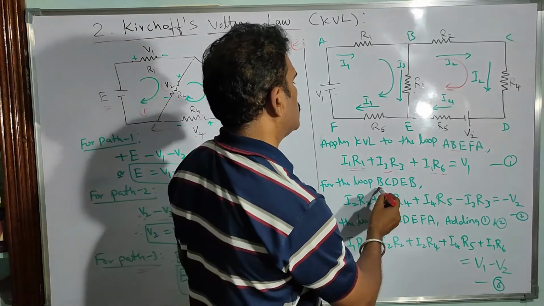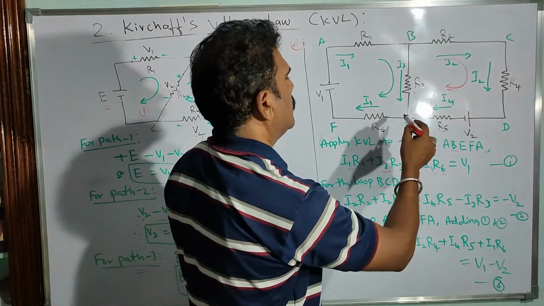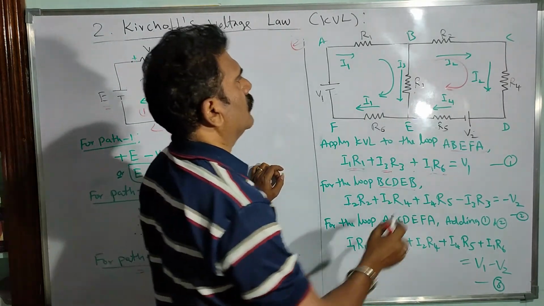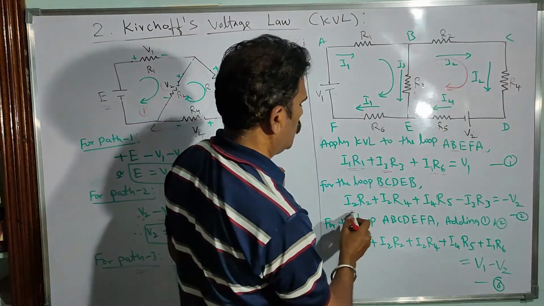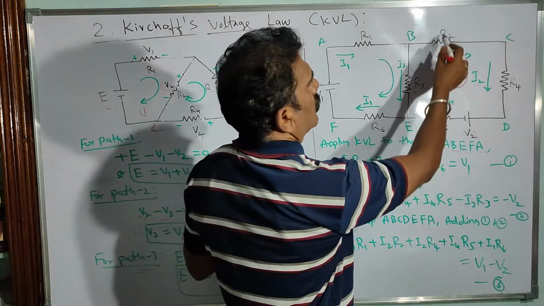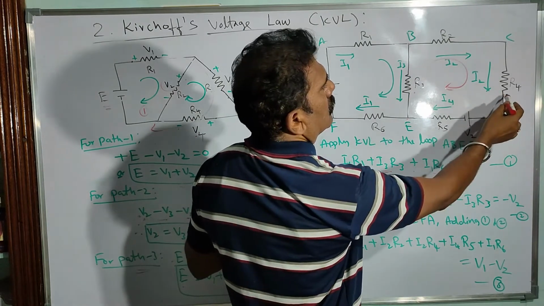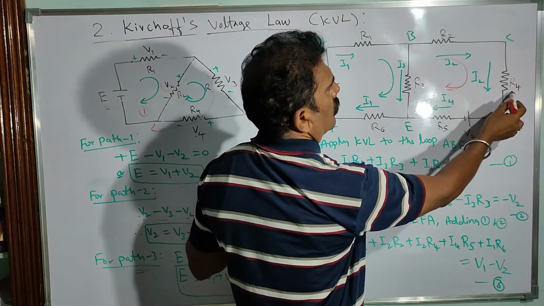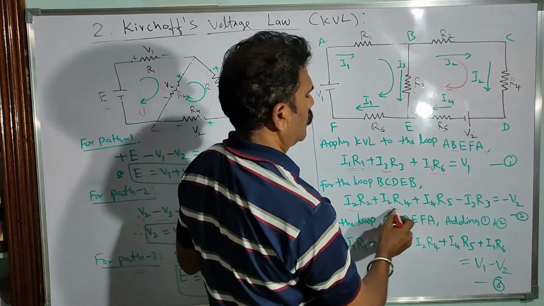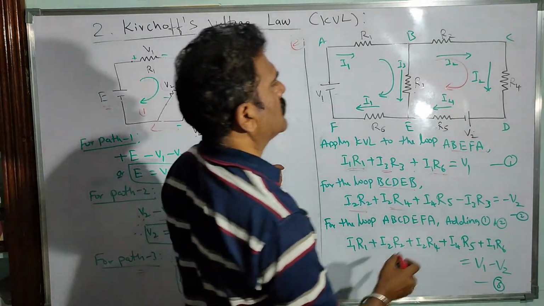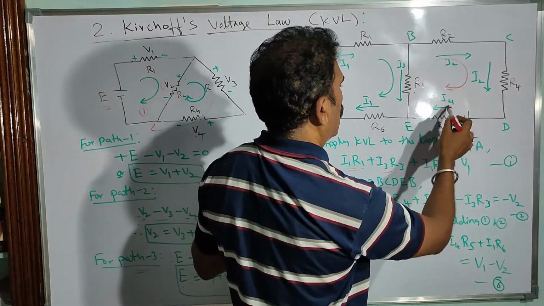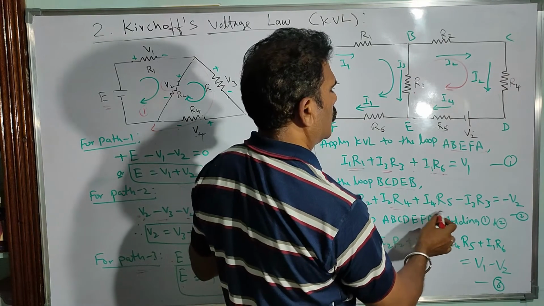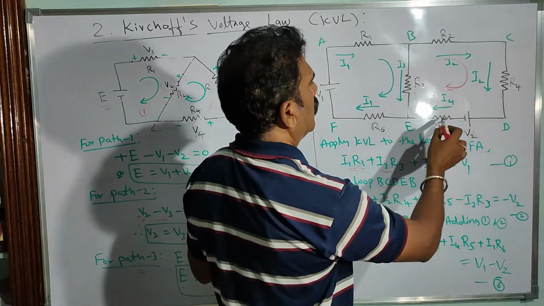In the loop B, C, D, E, B, you start from here. Product of I2 R2 plus I2 into R4, plus through this another resistor I4 into R5. And then it completes like this.